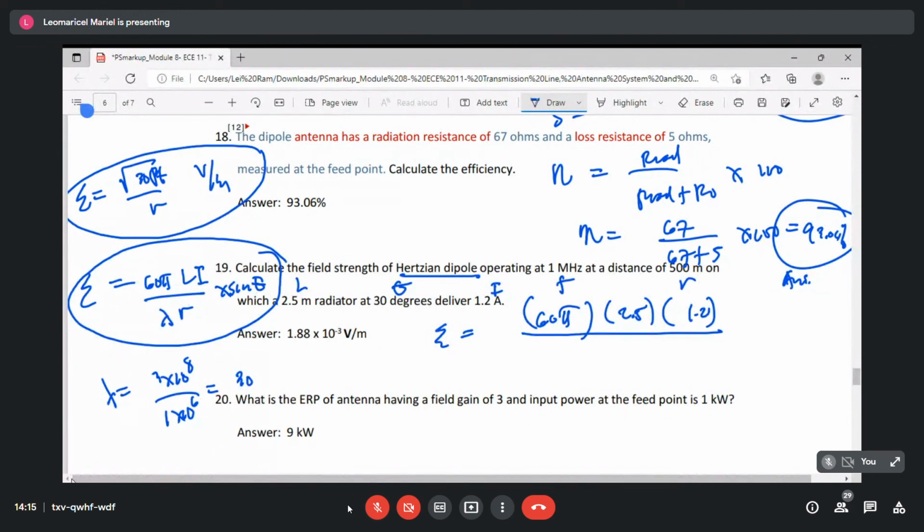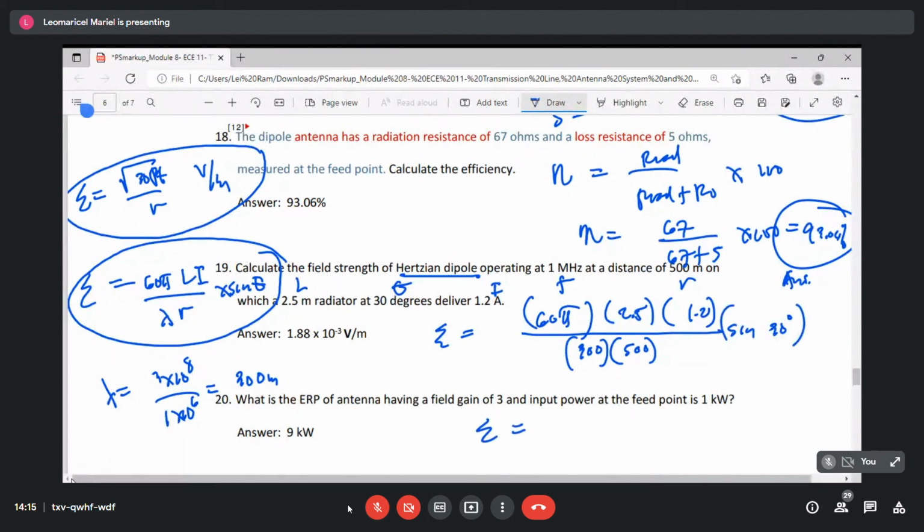The exponent 8 divide 1 is 300 meters. So yung wavelength mo. So 300 multiplied by 500 meters. Sine of 30 degrees. So your calculator nyo dyan, naka-degree mode.